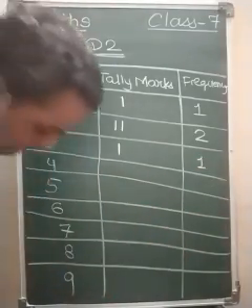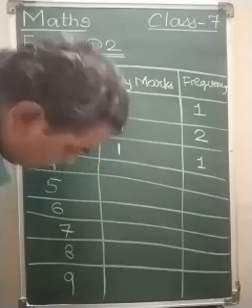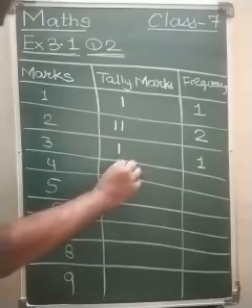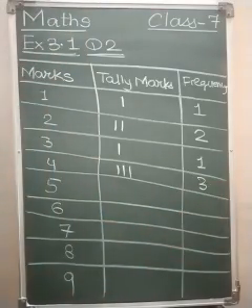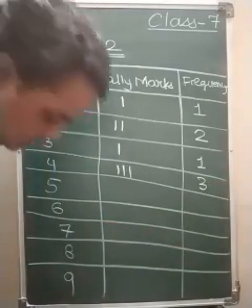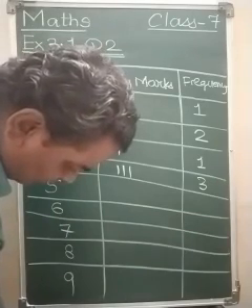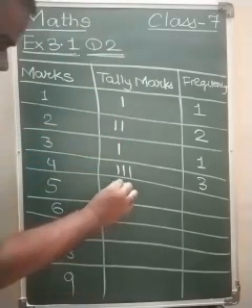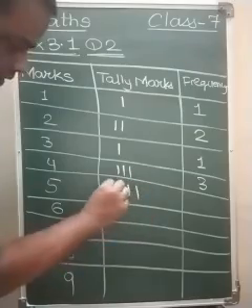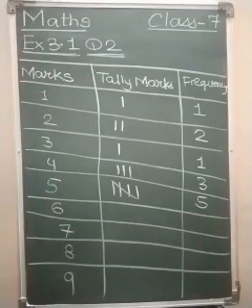Then 4 marks, 1, 2, 3, so 3 students have scored 4 marks. Okay, then 5 marks, 1, 2, 3, 4, 5 students have scored 5 marks, so we gave the frequency as 5.